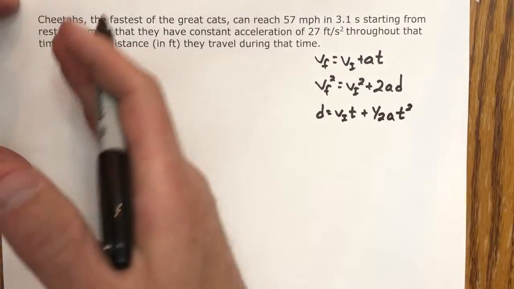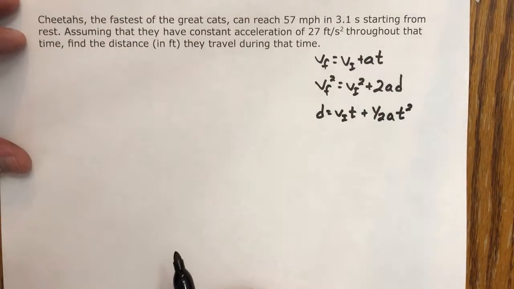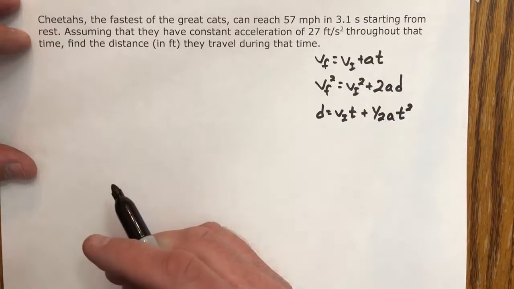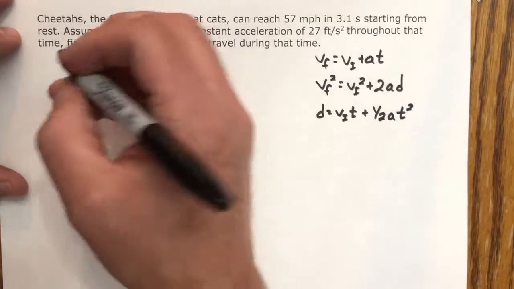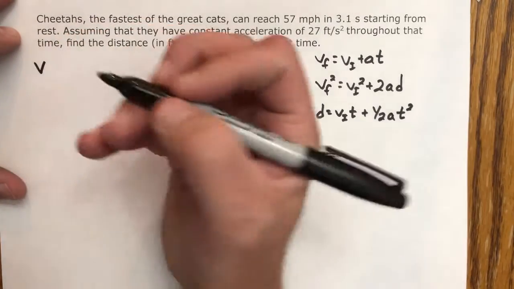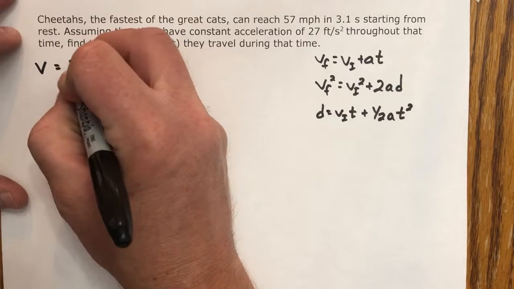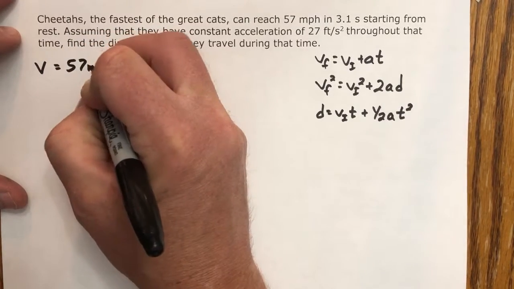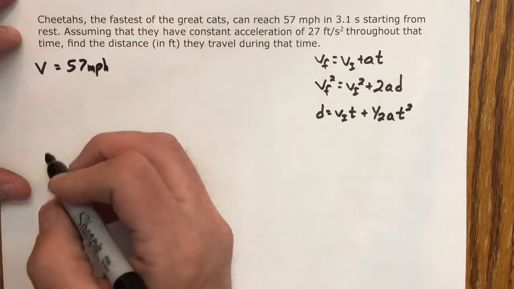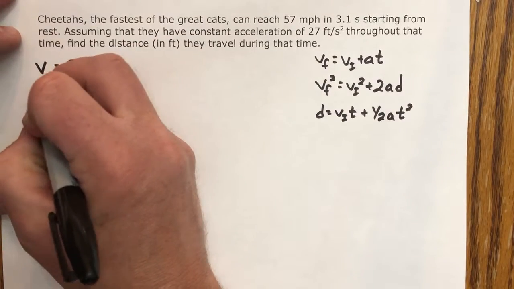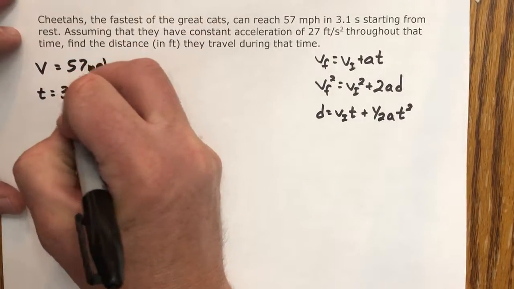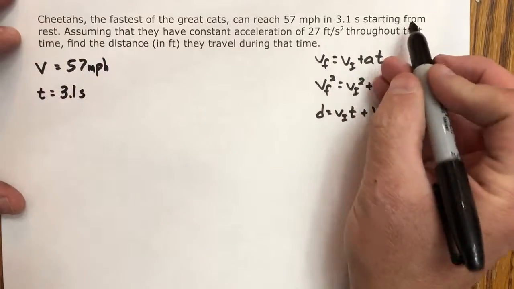Now we're going to write down our givens as we read the question. Cheetahs, the fastest of the great cats, can reach 57 miles an hour. So that's a velocity. I don't know if it's final or initial yet. Equals 57 miles per hour in 3.1 seconds. So the time is 3.1 seconds. Starting from rest.